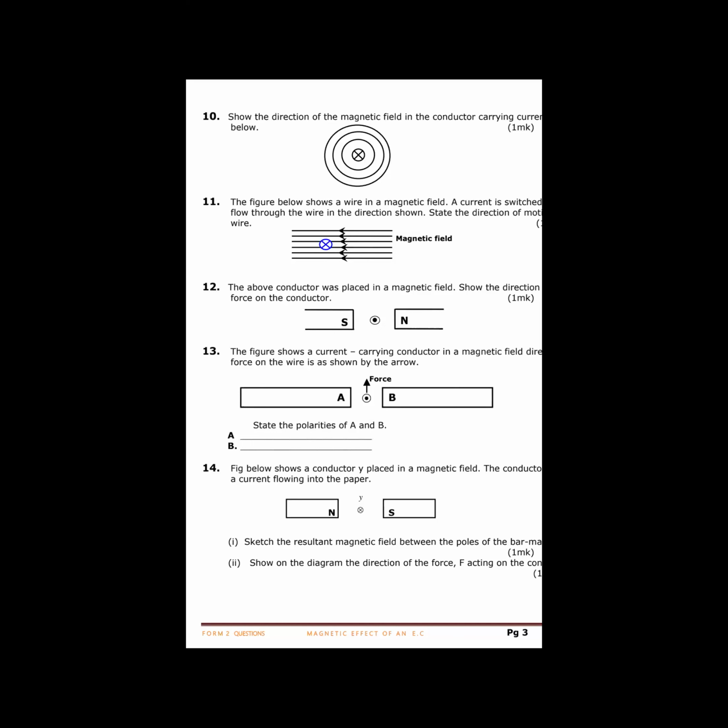The force is pointing in the horizontal direction as indicated, meaning the first finger will be pointing towards B. And we know the fields normally originate from the North Pole to the South Pole. So the first finger is pointing towards B, meaning B is the south pole and A is the north pole.